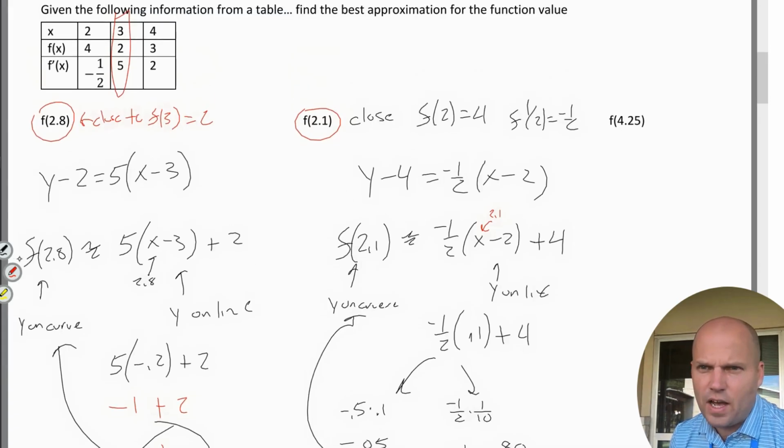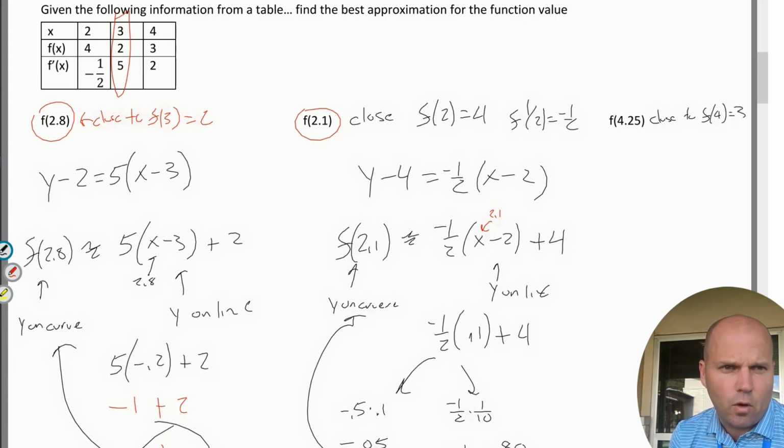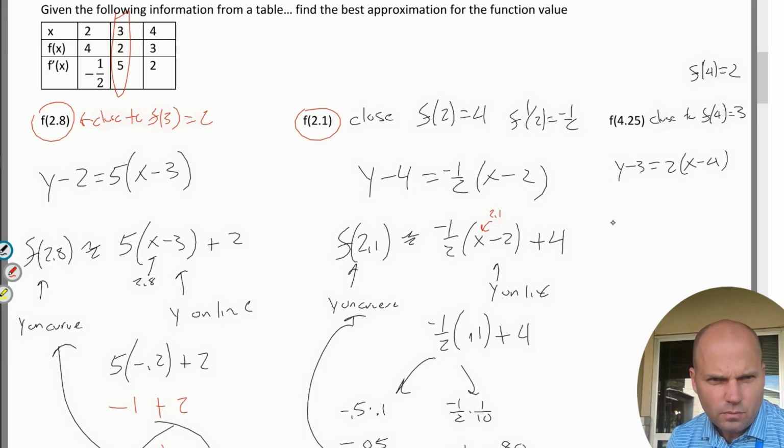And 4.25 is close to a point that we know, f of 4, which equals 3, whose slope at 4 is 2. So I'm going to use y minus 3 equals 2 times x minus 4. I will approximate a point on my curve by finding a point on my line.